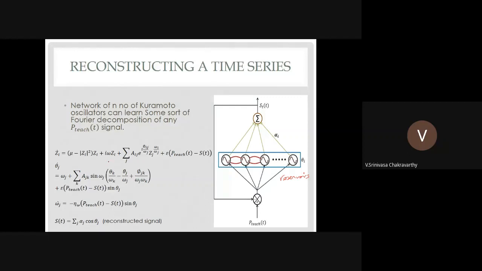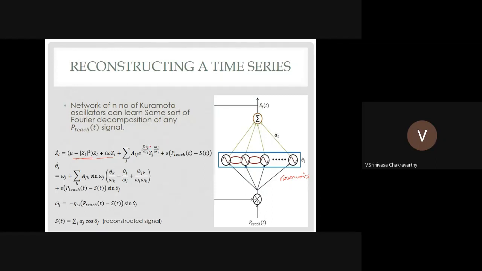and that is given by the equation. So this part of the equation is the oscillation and dynamics of the ith oscillator, and this summation comes from the inputs of all the other oscillators into this ith oscillator. So Aij is a coupling constant. Usually it is a small positive number, and then the exponent has e to the power i phi ij. Phi ij is some kind of phase difference between the ith and jth oscillator.